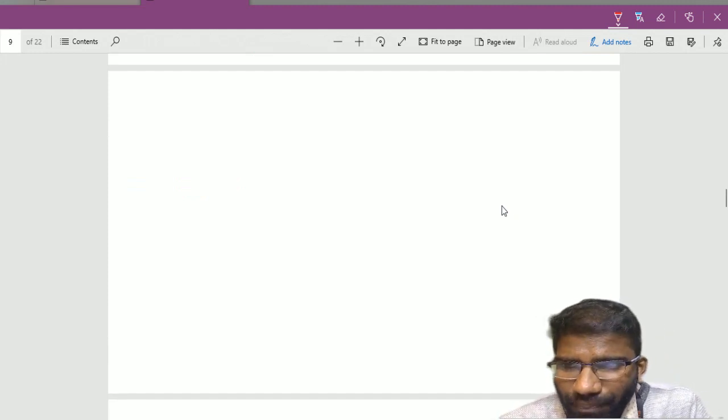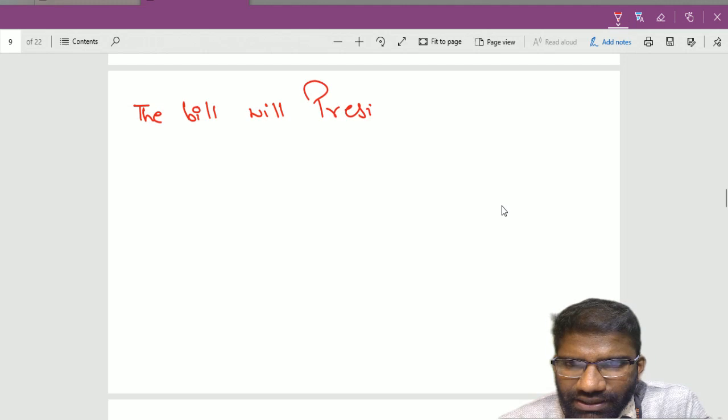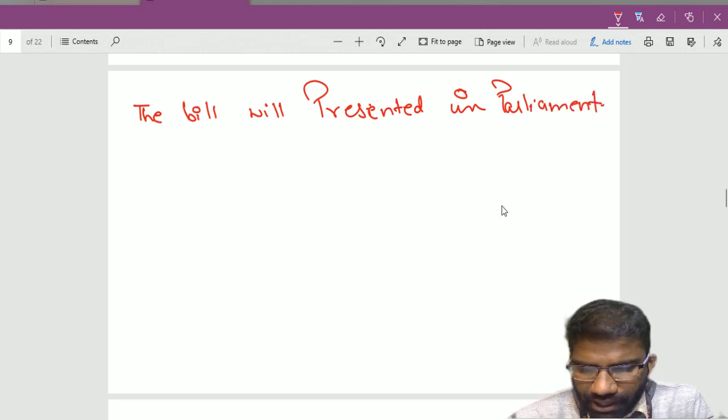After the state's opinion, the bill will be presented in Parliament.